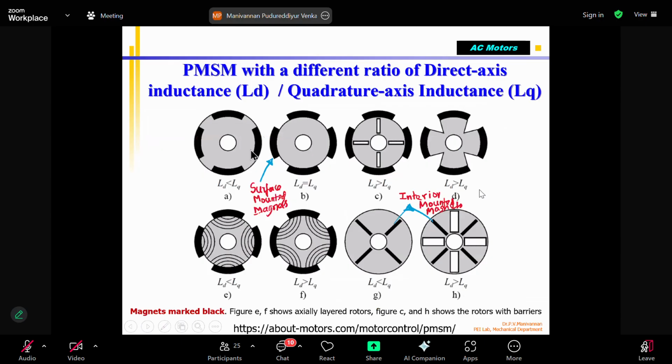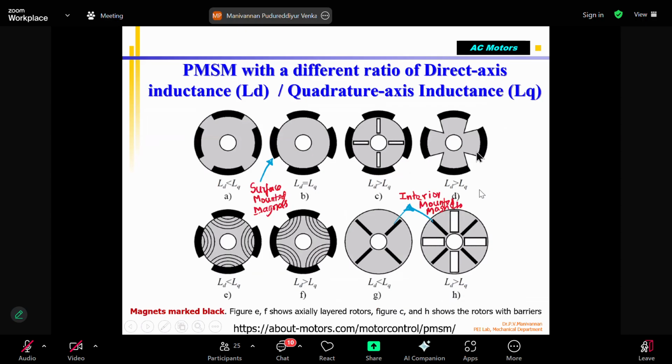This is called salient pole. Here you can see no projection outside. The magnet is buried inside the rotor core. Or here, the magnet is put over the core, but the magnet size almost covers most of the surface except small gaps. So again, if you see here, this almost looks like a smooth surface, correct?